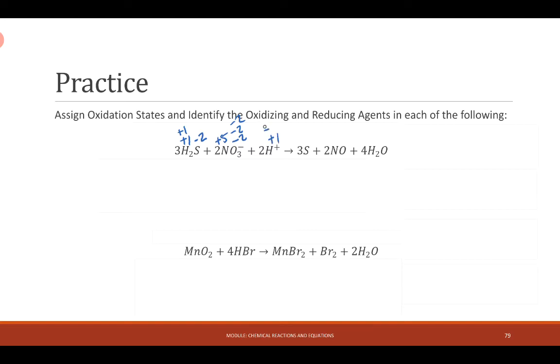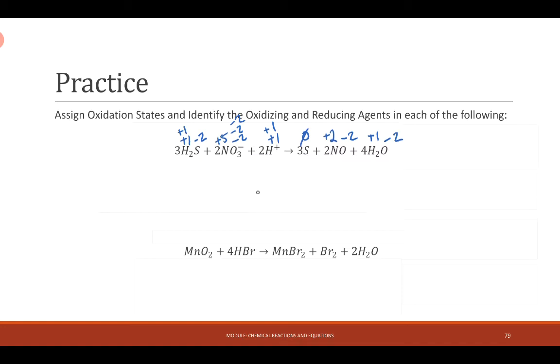This hydrogen, although by itself it does have a charge, so its oxidation state has to be +1. This sulfur is by itself, so it's a pure element, and it's neutral, so its oxidation state is a 0. In nitrogen monoxide, oxygen will be a 2-, and that means nitrogen will have to be a 2+, so that it adds up to 0. In water, we saw on the previous slide that water has a 2- oxygen and a +1 hydrogen.